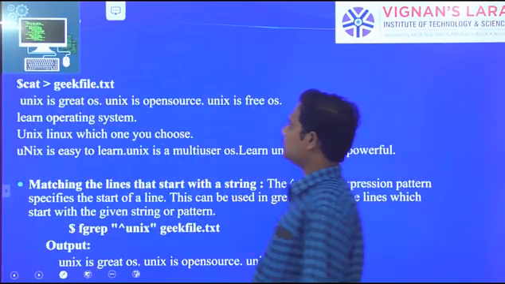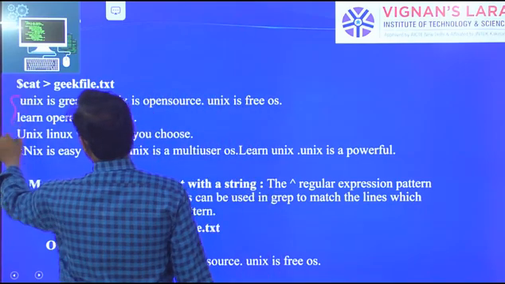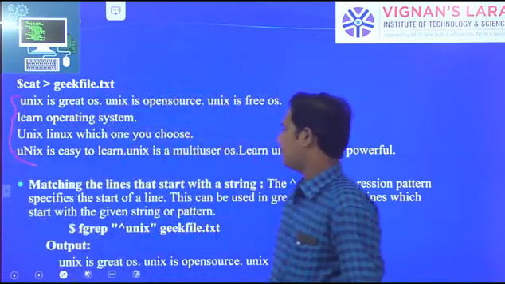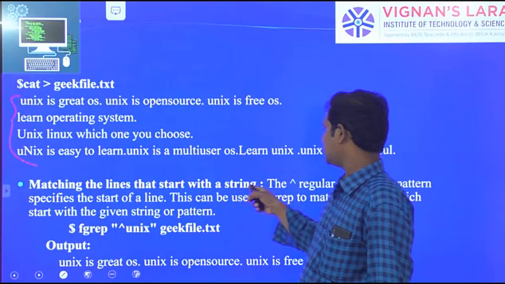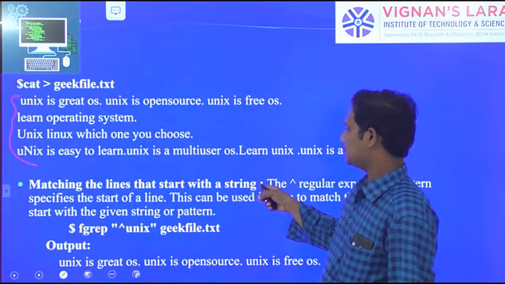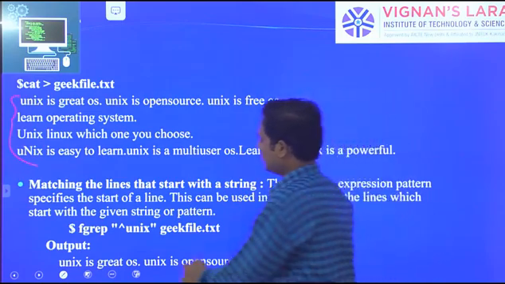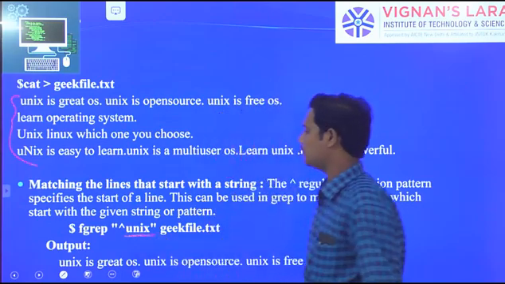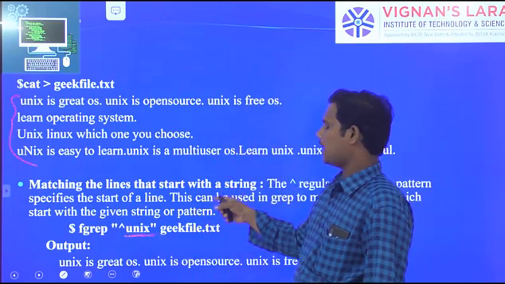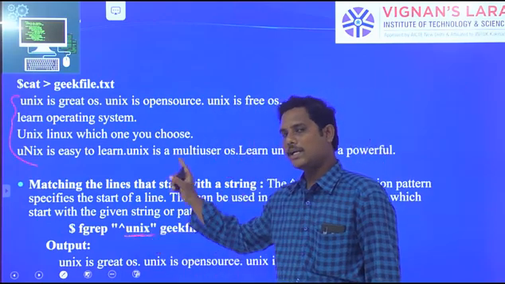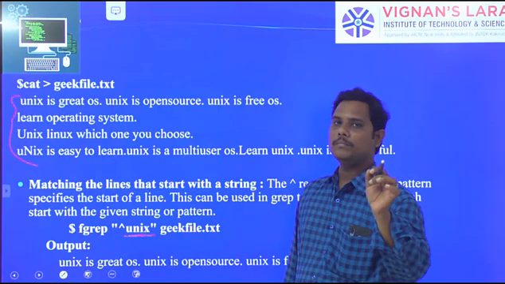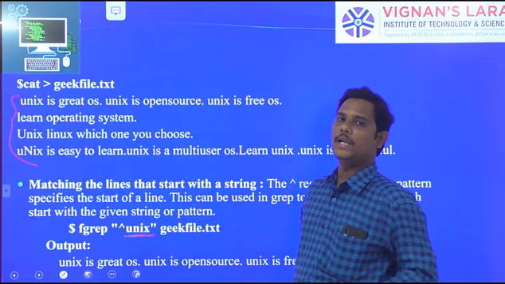Here is the cat file, a small file. We are matching the lines that start with the pattern Unix. Suppose Unix is at the start; only that line is displayed. Starting only, not ending and not middle.